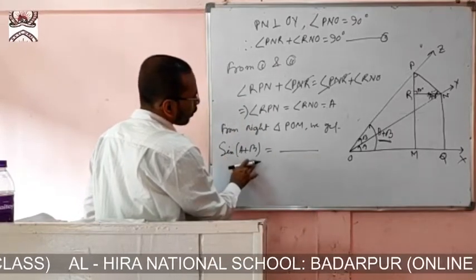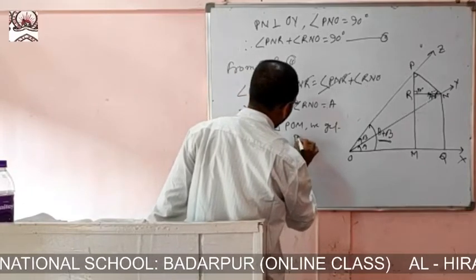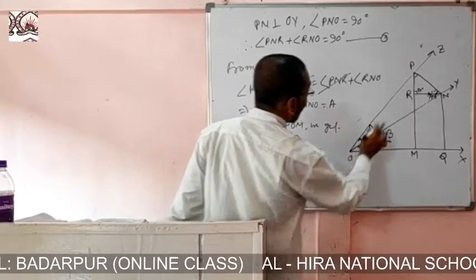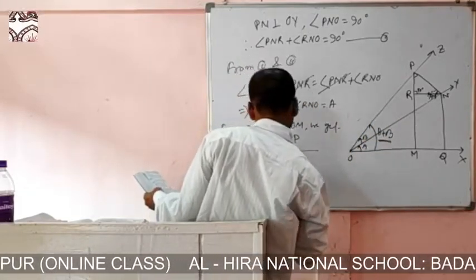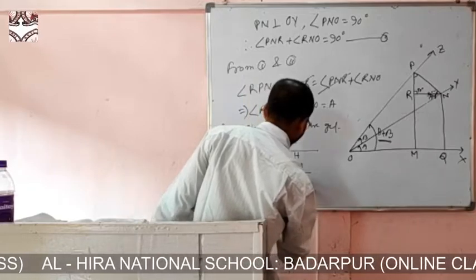Sine of any angle is perpendicular by hypotenuse. Perpendicular is PM, so PM by OP.